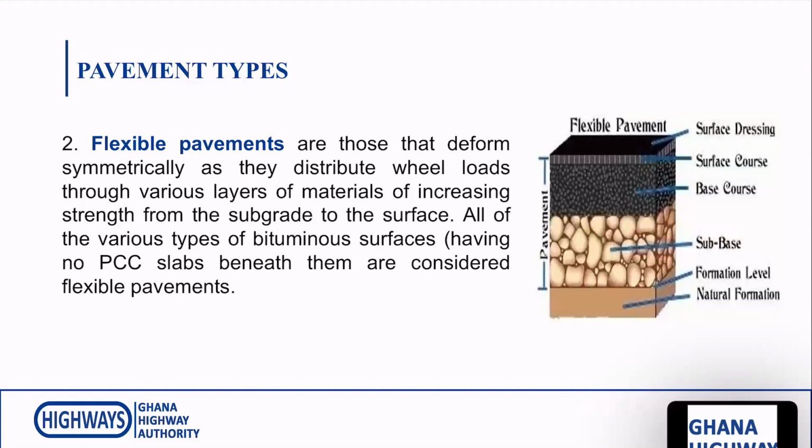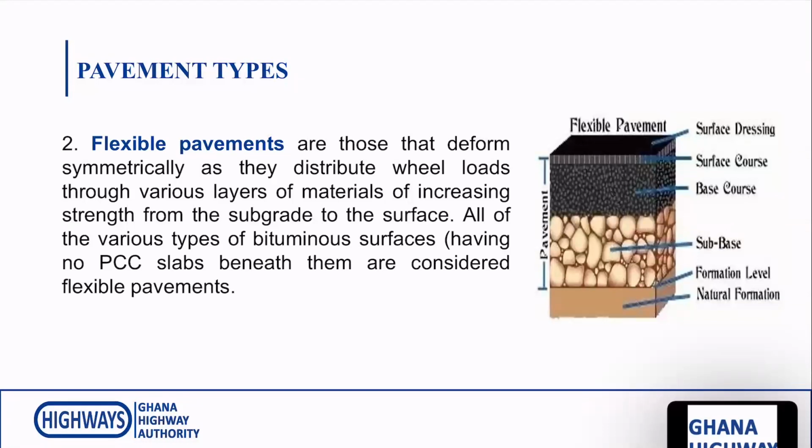Now, a flexible or bituminous pavement structure consists of all categories above a prepared subgrade soil or foundation. It may consist of a surface dress made up of a primer seal and seal, or asphalt concrete placed over an aggregate base and or subbase layers.